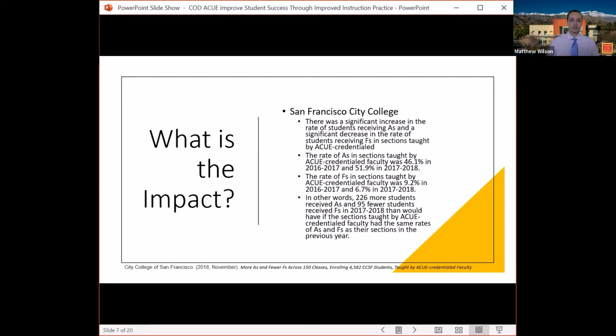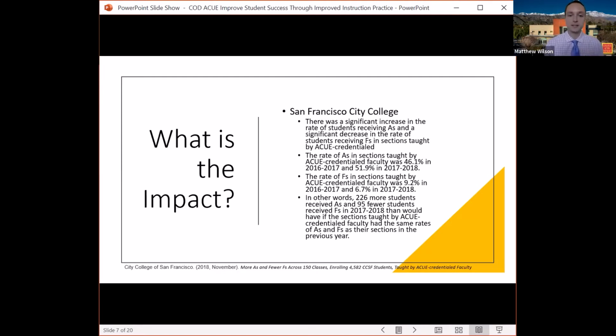San Francisco City College also was one of the pilot programs, and they had similar positive results. They had 35 members complete the course, and they specifically focused on faculty members involved in classes that had achievement gaps, a large number of underrepresented minorities, foster children, and non-traditional students. Their outcomes came from course data as well as student questionnaires.